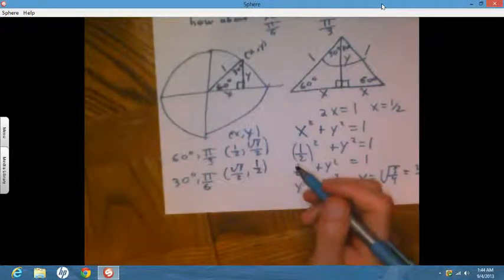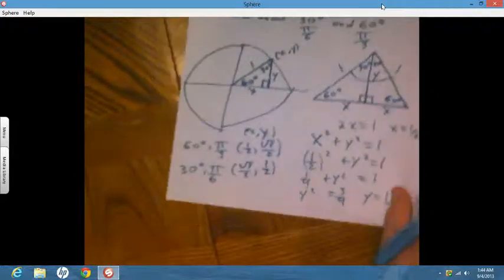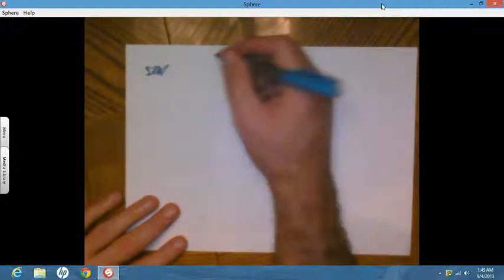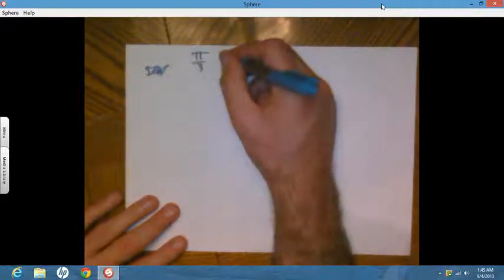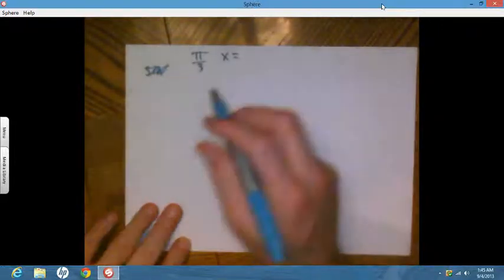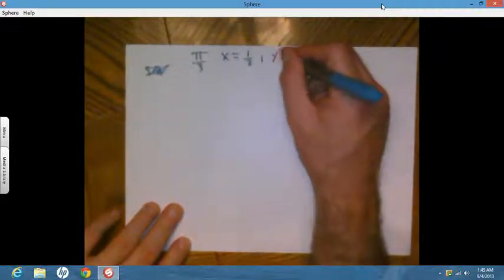So we can go on to another sheet of paper, and we can define our trigonometric functions for 30 and 60 degrees. So I'm going to do it in terms of radians. So first we're going to do the sine. Okay, so I'll just note first that we're working with pi over 3, which is 60 degrees. And I'm going to have my x equal to 1/2, and y is going to be equal to the square root of 3 divided by 2.